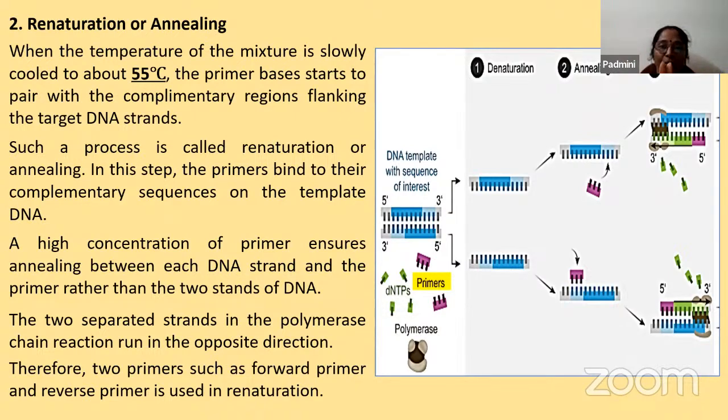You don't want that to happen, because these two strands are the templates, so that you are able to copy a new DNA strand on each side of it, like that, not like this.